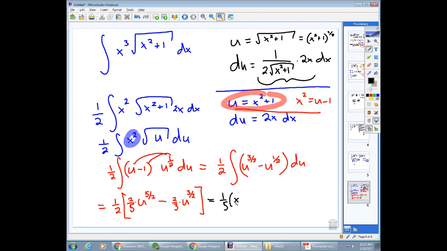And then u is really x squared plus 1 to the 5/2 minus 2/3 times a half would be 1/3 x squared plus 1 to the 3/2. And then all along we should put a plus c at the end because we're not evaluating endpoints. So I think we have an antiderivative for our original function.